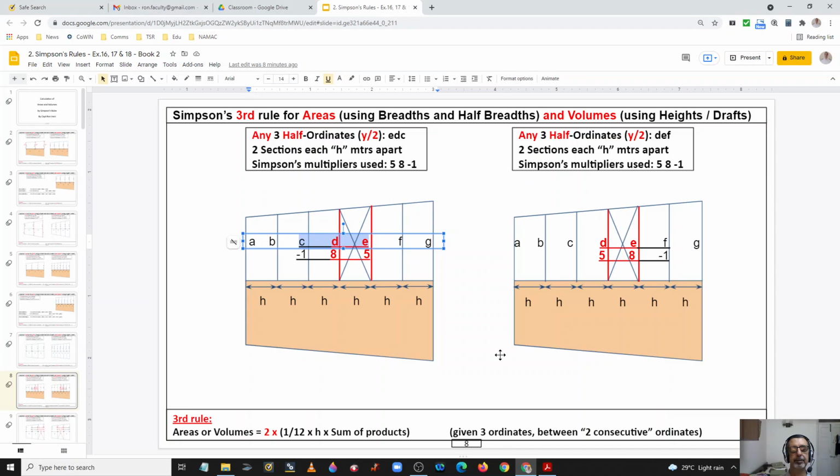We have 2 sections between the ordinates C, D, and E, or let me say E, D, and C. Each of those sections are h meters apart, and the multipliers that we will use are 5, 8, and minus 1.